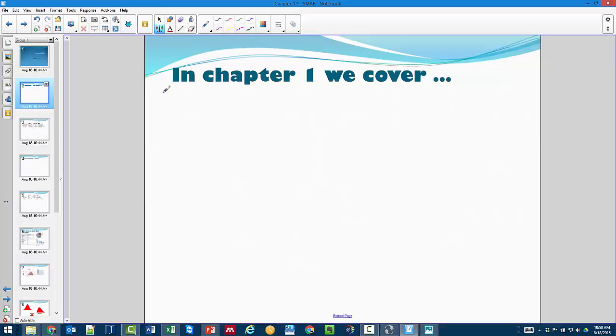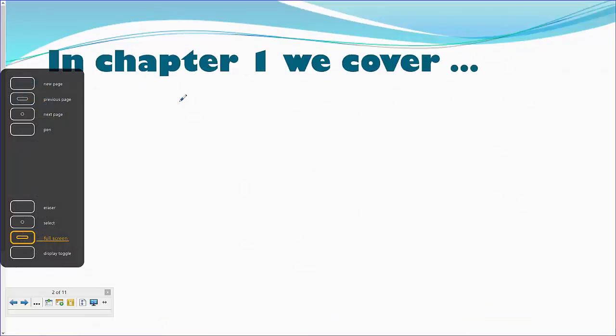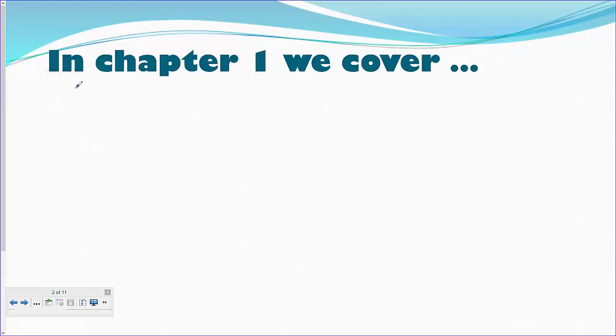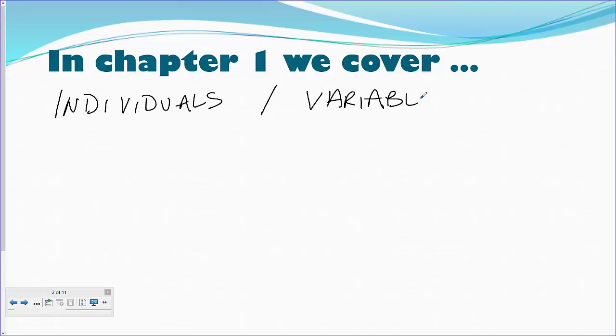In this chapter we are going to be taking a look at a few things about data, and specifically we're going to be looking at individuals and variables. So we'll be taking a look at what is an individual when we're talking about data and what is the variable in there.